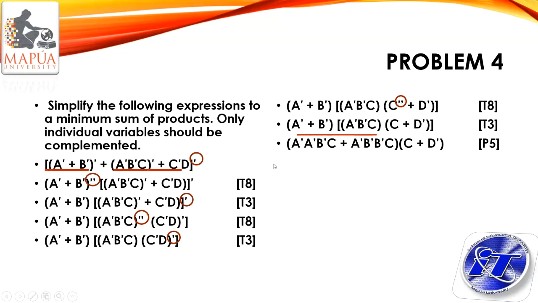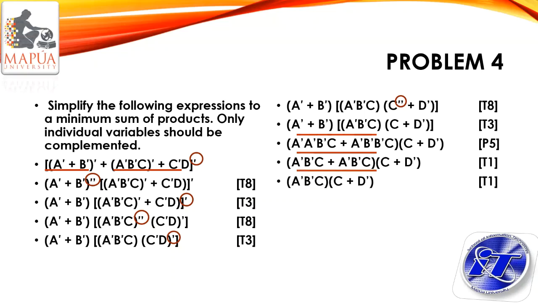And we all know that A naught A naught is just A naught, and B naught B naught is also just B naught. So we have A naught B naught C for the first term, A naught B naught C for the second term. And the first and second term are the same. Therefore, it could be rewritten as A naught B naught C.